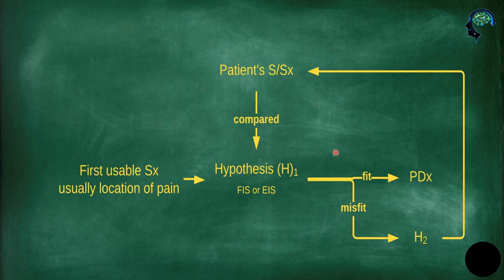If it fits, we have our provisional diagnosis that we can then move on to bias and error correction. If there's a misfit, we generate H2 on the new information gained from asking the patient about their signs and symptoms, and then take the whole thing back into the same iterative cycle. So we just keep going round and round until we find a hypothesis that fits.